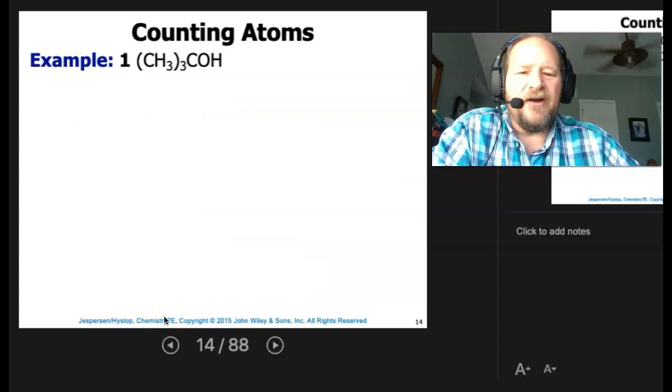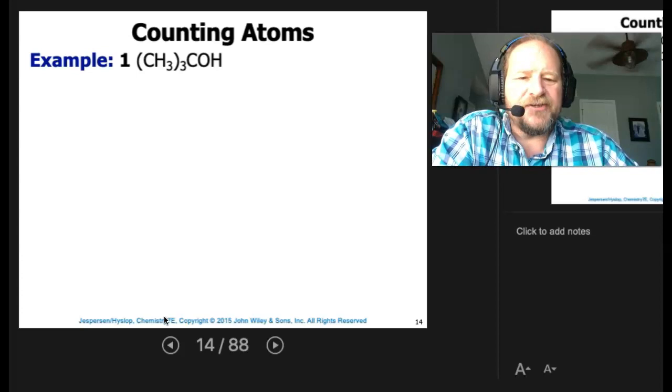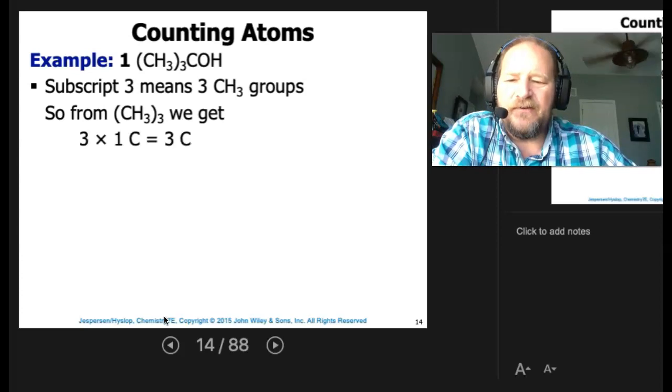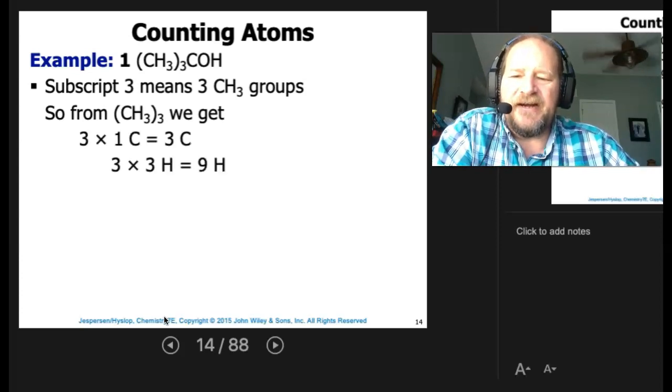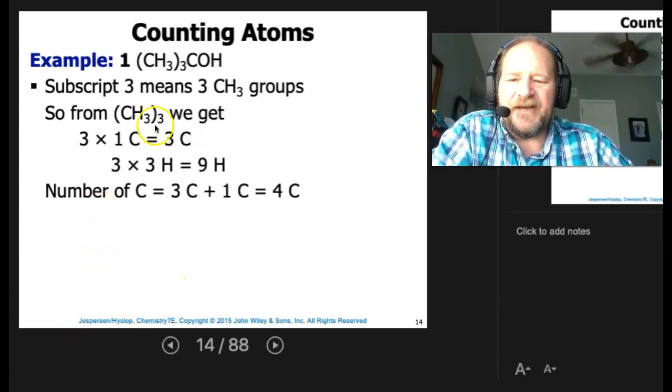All right. So counting atoms then, for an example, here we have CH3 3COH. Subscript 3 means that we have 3 CH3 groups. So just from that alone, we're going to get 3 carbons and 9 hydrogens. I have 3 carbons coming from the CH3 groups, but I also have 1 carbon outside of that, which means I have 4 carbons total.